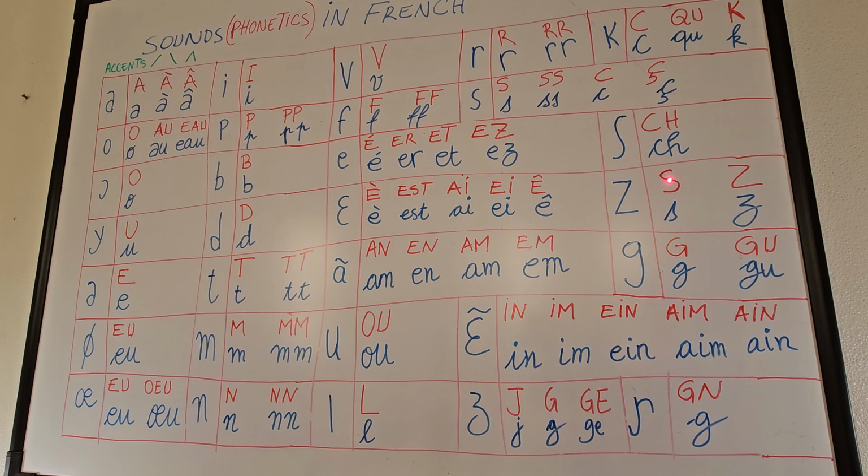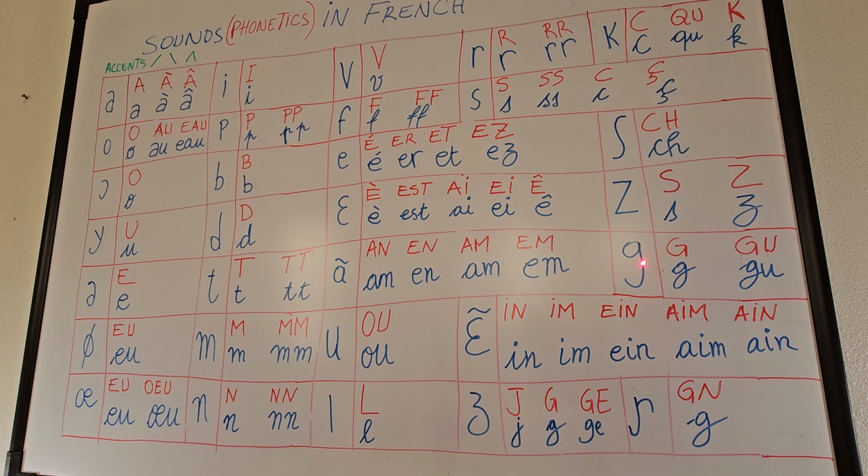So in that case, this one is spelled S, but it sounds z. But sometimes Z on its own sounds z. So that's quite easy here, but here can be a bit confusing because here it sounds z, and then here, remember, it sounds s.